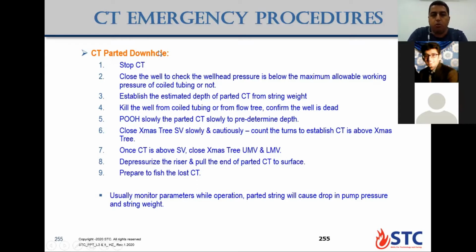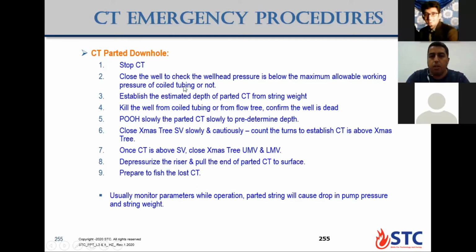For sure, if you get stuck, you may part the coil tubing, especially at the coil connector. That's why you have a surface test on the coil connector, and you also have a maximum safe pull for the coil tubing operation. If you're stuck, don't exceed this, so as not to part the coil tubing inside the well.